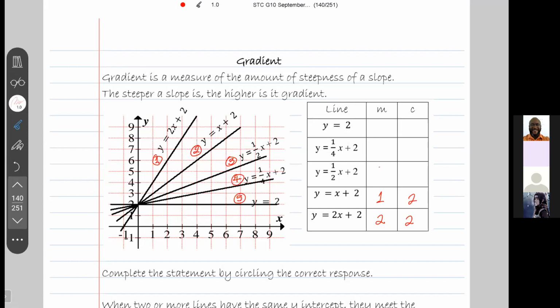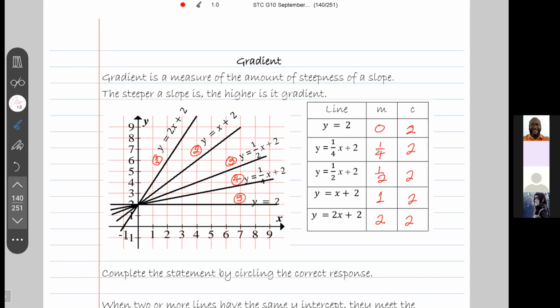Very good. What's the y-intercept? 2. Jadon, line number 4, what's the gradient? What's the y-intercept? For line number 5, I'll tell you, the gradient is 0, and the y-intercept is 2.